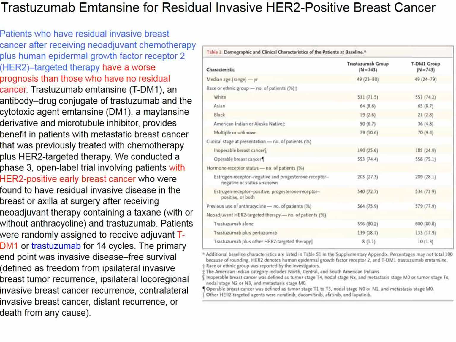But these patients with HER2 positive breast cancer who were found to have residual invasive disease were randomized to trastuzumab alone or a combination therapy abbreviated DM1 in this study, which involves the antibody coupled to this tubulin inhibitor.